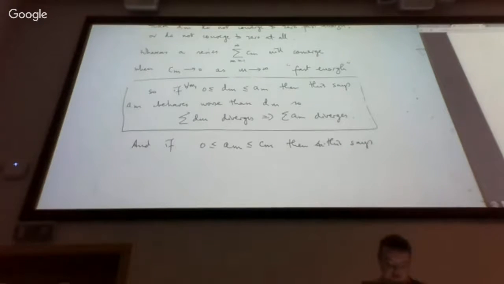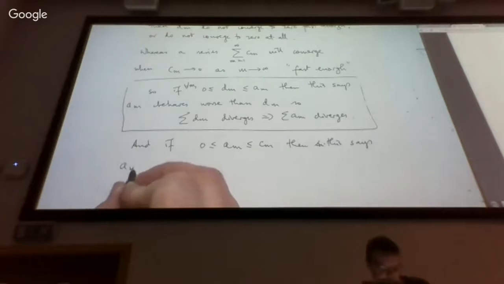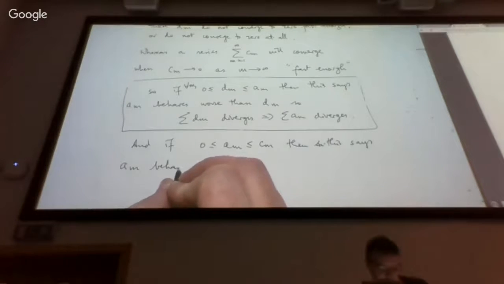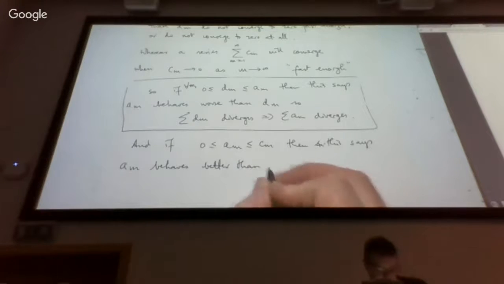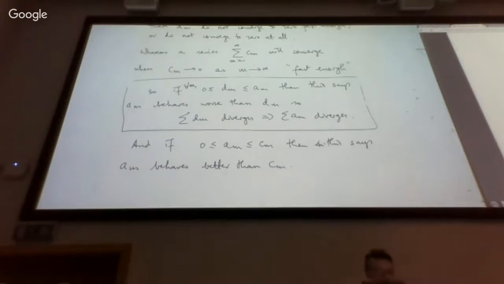A kind of intuitive explanation of it: this says that the a_m behaves better than c_m. In the context of convergence, this is showing that the terms a_m behave better than the terms c_m because they're smaller. And when things are small enough and you add them up in the series, converging to zero fast enough, then the series can converge.